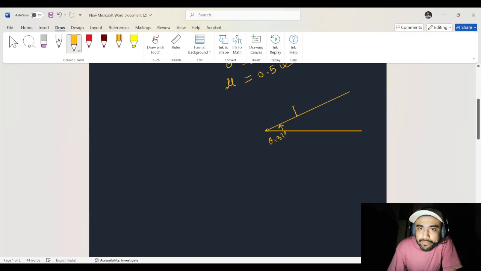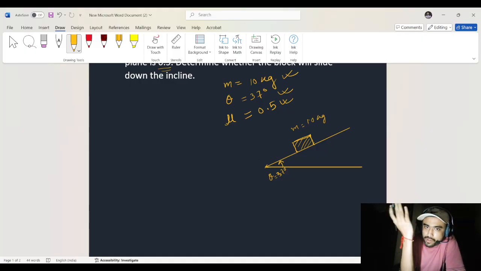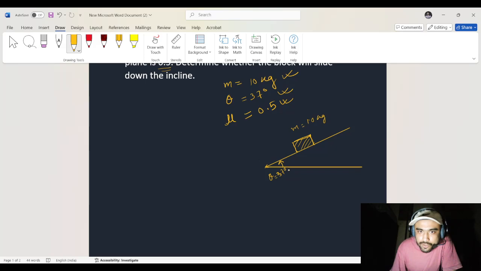This is the block, and it has a mass of 10 kg. The angle of inclination, the angle at which the plane is inclined to the horizontal surface, is 37 degrees, as I've already mentioned. Now, the value of mu is 0.5.